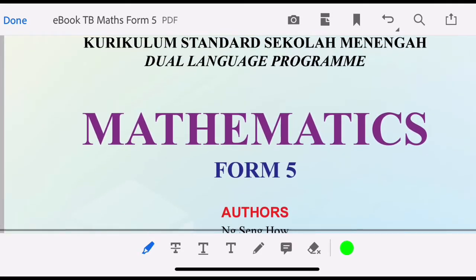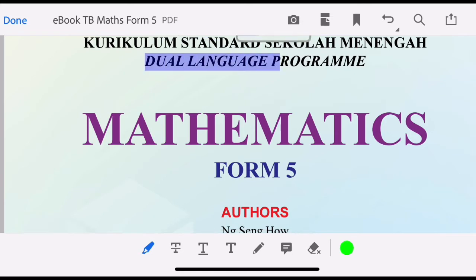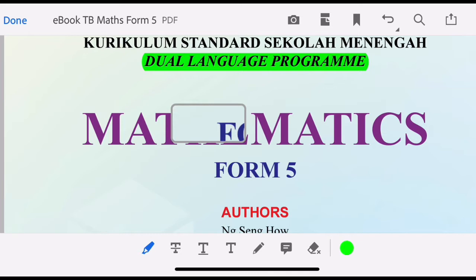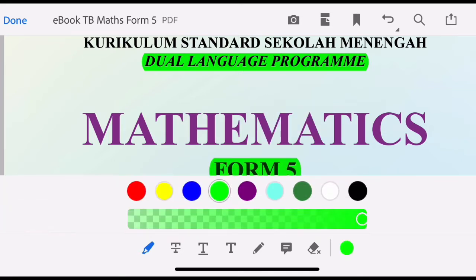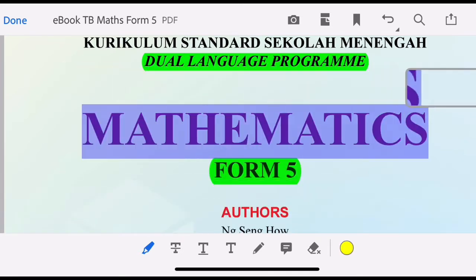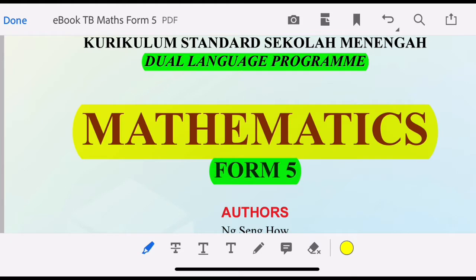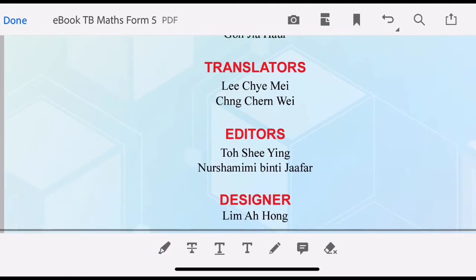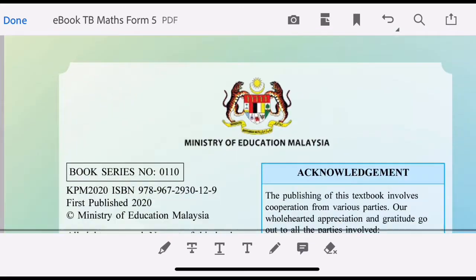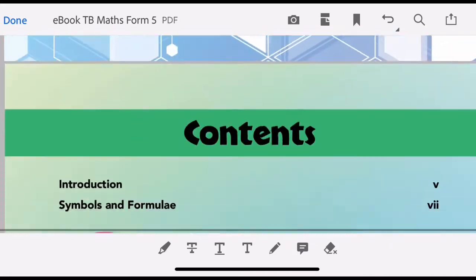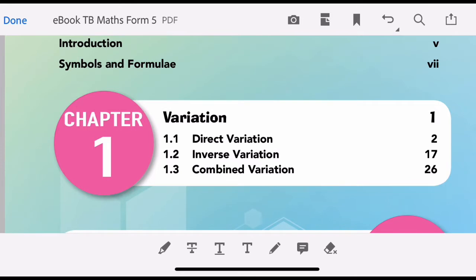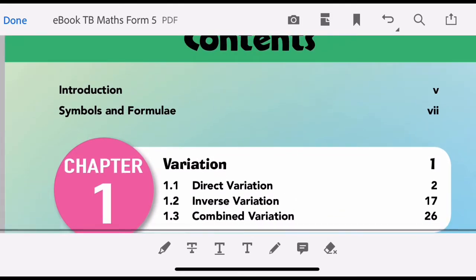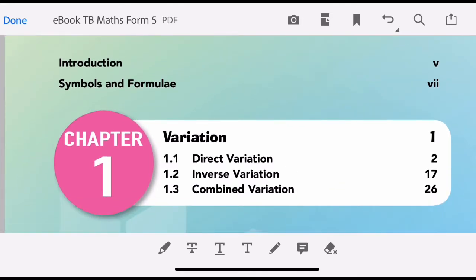Alright, so this is the Mathematics Form 5 for DLP. I will actually just start chapter 1 for the variation later on. These are the people who were involved in creating the textbook. So congrats, this is a very attractive and creative textbook.